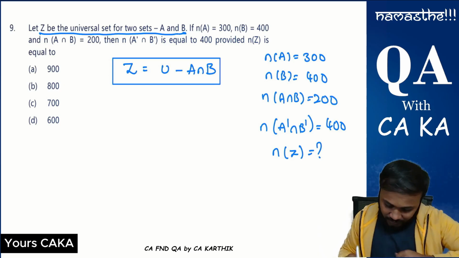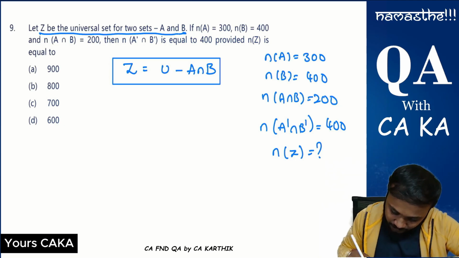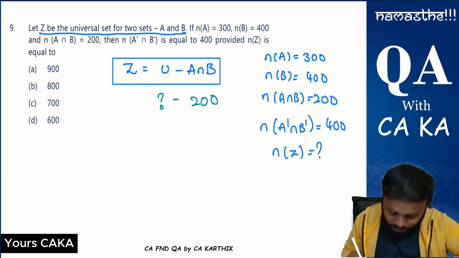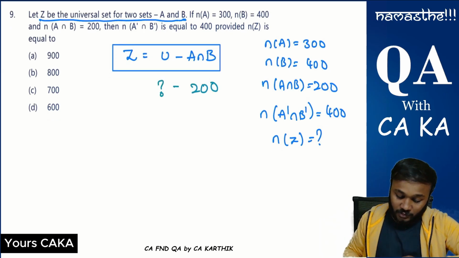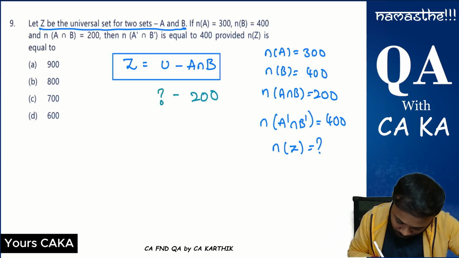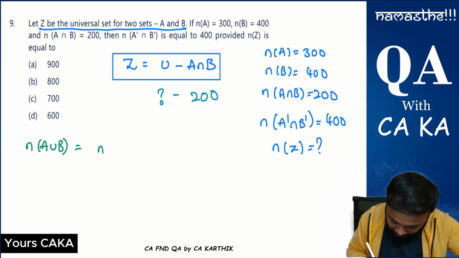Now, you know A intersection B. They gave you 200. This you don't know, and that is what we need to find out. So with the given information, what can we find? Did they give you N of A union B? Let's find it first. N of A union B is equal to, what is the formula?